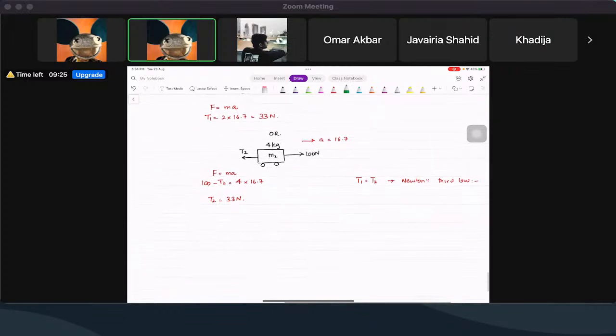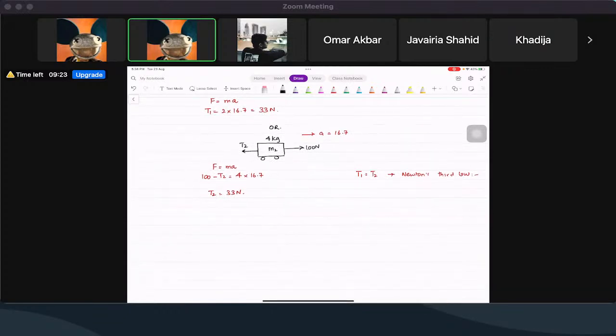Okay. Now let's do a difficult question. I'm just going to do case 2, when there are multiple masses connected, moving together. Let's look at it like a train.